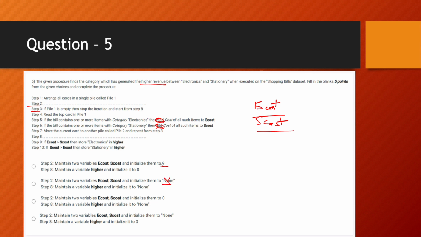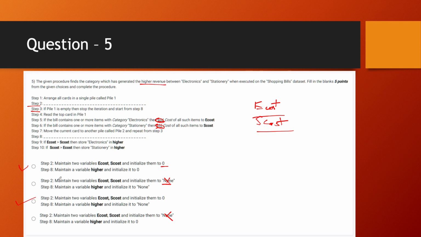So looking at the options, there are two options that are out now, that is option number 2 and option number 4, since we cannot add an integer to the none value. So now we are looking at option 1 and option 3. Anyway, let's move forward.